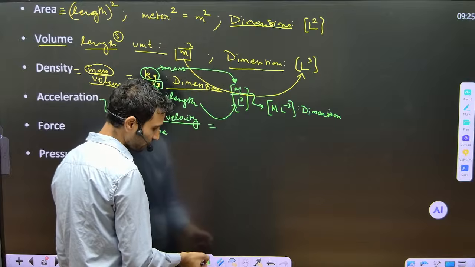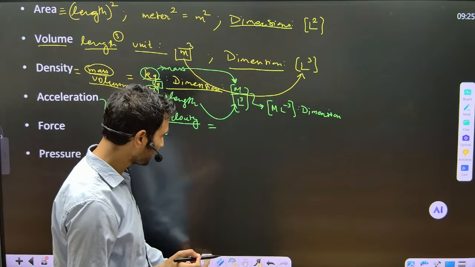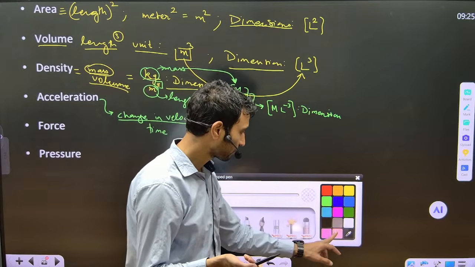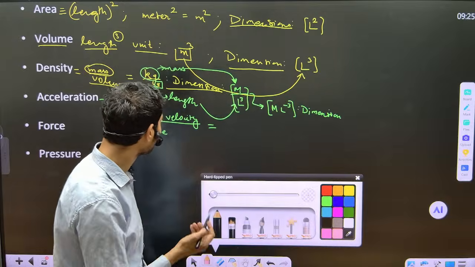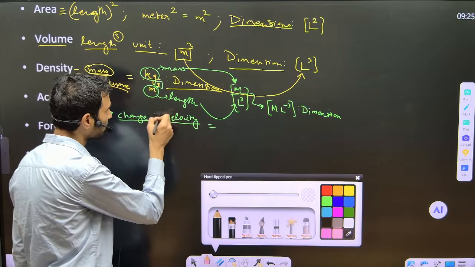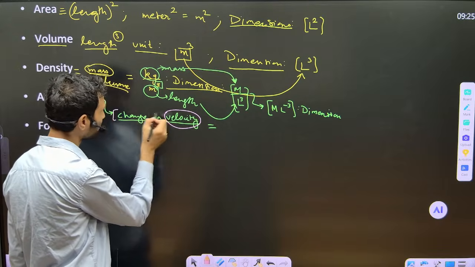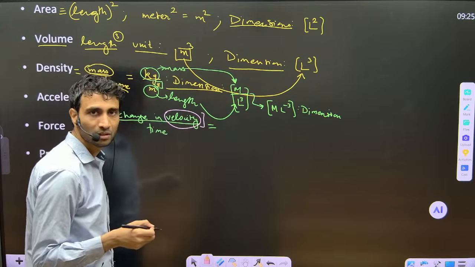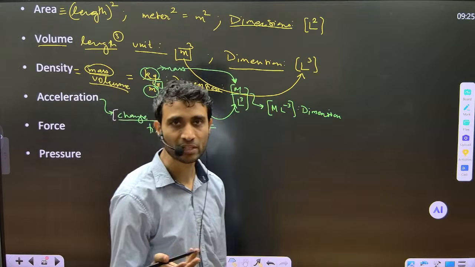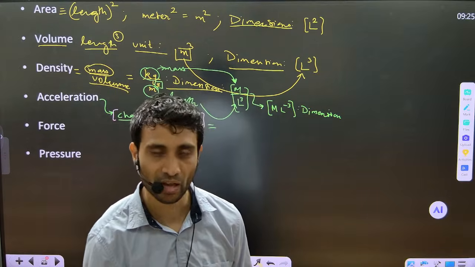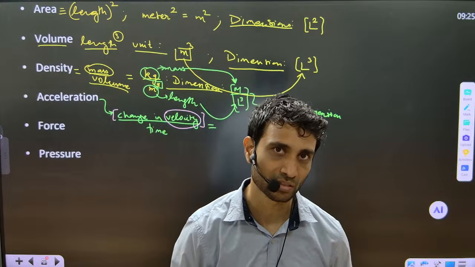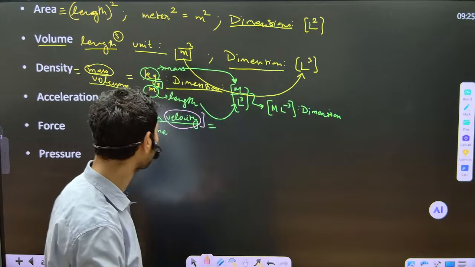Same as that of, I told you, change in a quantity and the quantity itself have the same unit. So what will be the unit of change in velocity? It will be same as that of velocity, because velocity and change in velocity have the same units, right? That's true for any physical quantity.